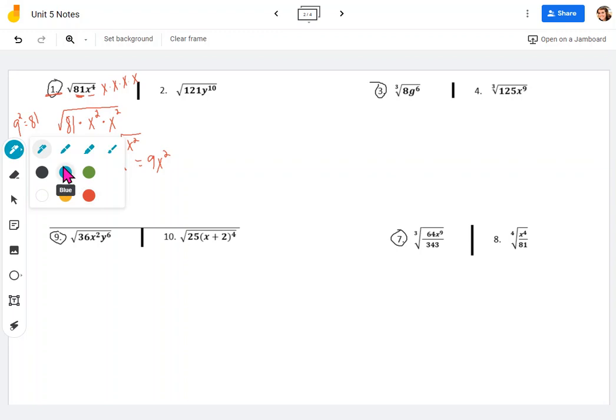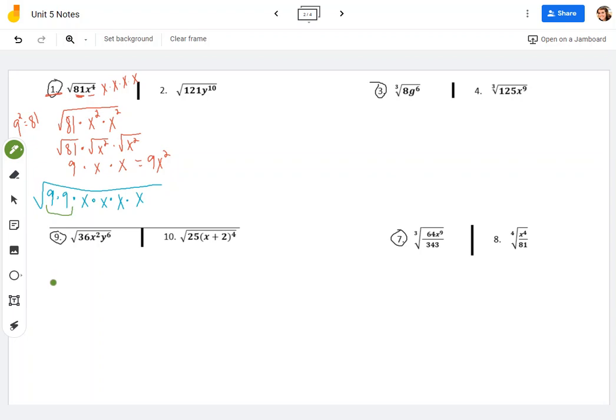If you like to write it out even longer to see all the pieces, you could also break down all the pieces. So 9 times 9 to represent 81, and then we can write out all the x's that we have. So we have x to the fourth, so 4 x's. To simplify from here, we're looking for those pairs.